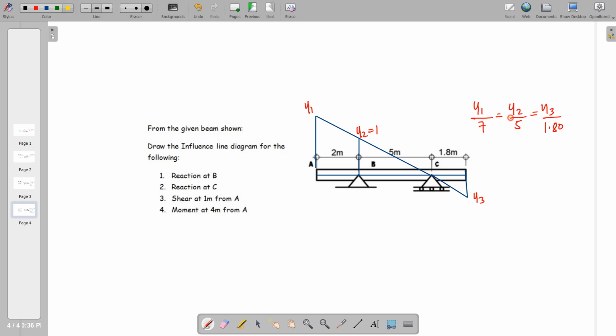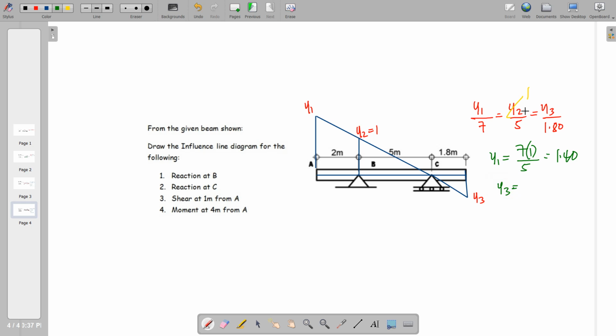Now this is set to be equal to 1, therefore we can just pair that into y1 and y3. So pairing that by y1, you just cross multiply 7 here, therefore 7 times 1 all over 5. So y1 is 7/5, which is equal to 1.4.